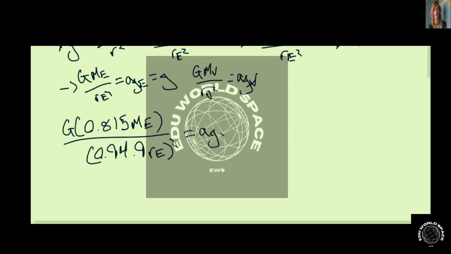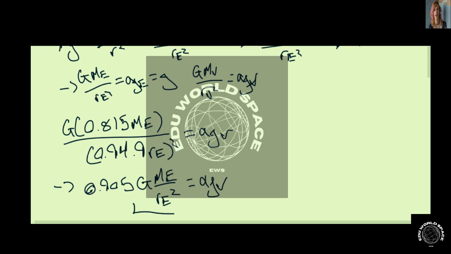This is equal to g_V. So if we actually divide those out, sorry, it's 90.5% times G times the mass of Earth divided by the radius of Earth squared. And this is equal to g_V.